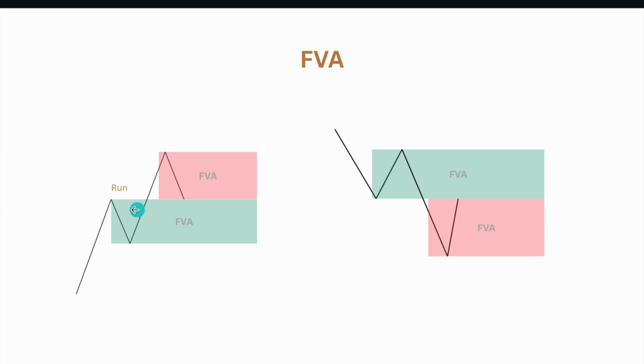It can retrace to this previous level, right? There is no meaning for price to reach all the way to this bottom if it can retrace to this original fair value area, in case it is looking for liquidity at some swing low, right? So fair value area is nothing but the area where price can retrace to after expansion.